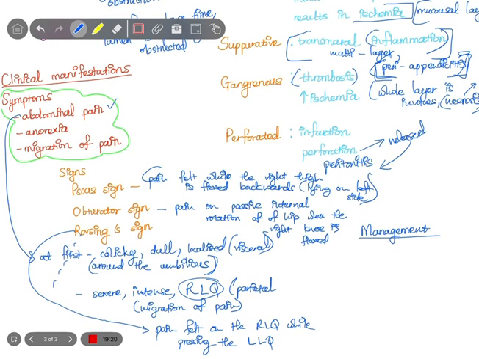Now, the management of acute appendicitis. This is an emergency, usually managed by emergency surgery. That is appendectomy, the complete removal of the appendix. Now, there is a special form of appendicitis called appendiceal plastron appendicitis.